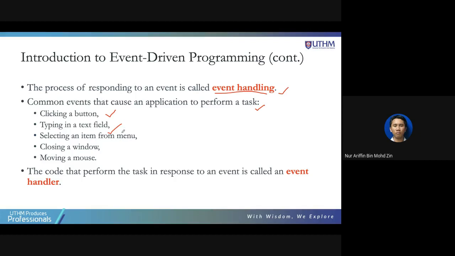For example, if you type an email that is not in the exact format of an email, it will pop up an error message. That is an event. Others include selecting an item from a menu, closing a window, or moving the mouse. For example, if you hover over a certain area and something pops up, that is also called an event.